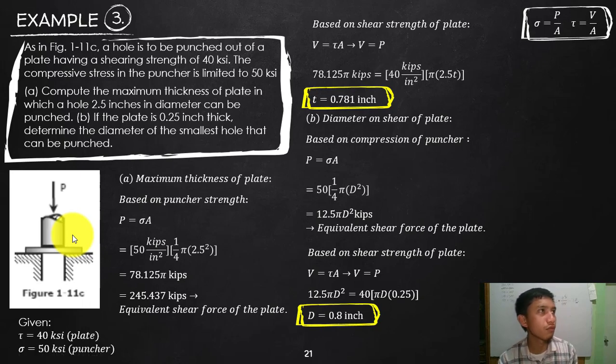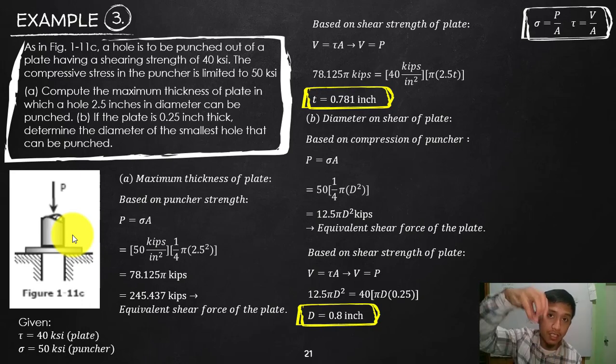So will that be affected? Given the thickness, will the hole size be affected? Yes, because the resisting area of the shear on the plate depends on the diameter of the hole, because the bigger the diameter of the hole, the bigger the area that will resist the shear.